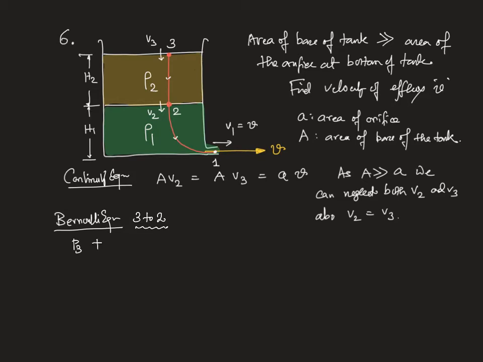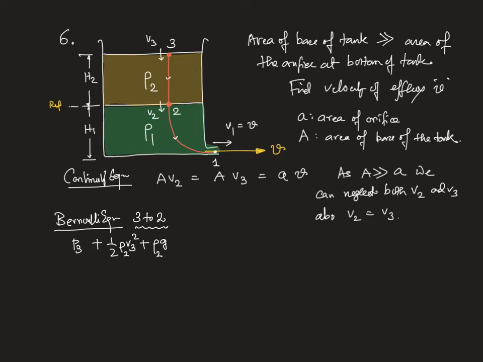P3 plus half rho 2 V3 square plus rho 2 g, you can choose a reference level. For 3 to 2, you can choose the reference level at the junction between the two liquids of densities rho 1 and rho 2.